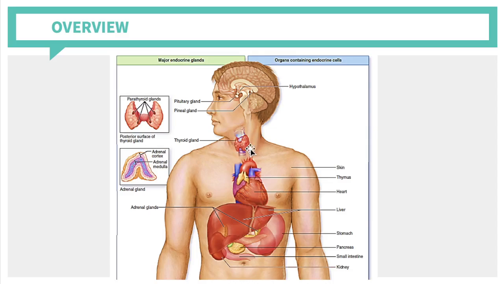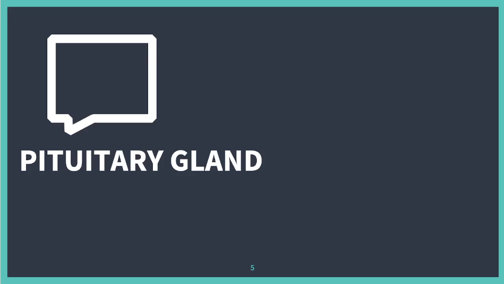The gland that is located posteriorly to the thyroid gland, that's gonna be your parathyroid gland. So this is the posterior portion of your thyroid. Dito natin makikita yung ating parathyroid gland. We will also be discussing about your adrenal glands. We will also be discussing your pancreas. Okay? So first, let's start with your pituitary gland.